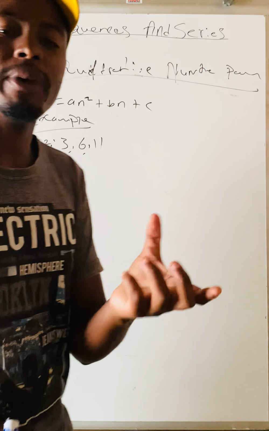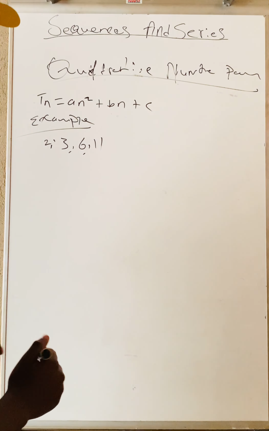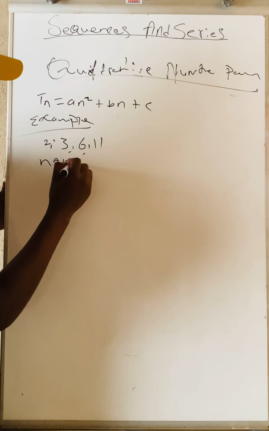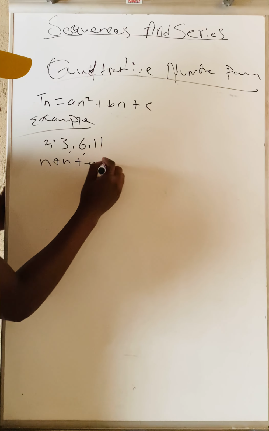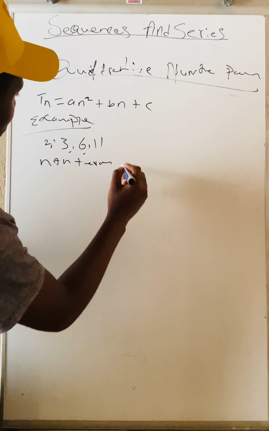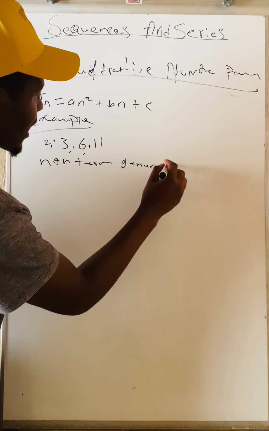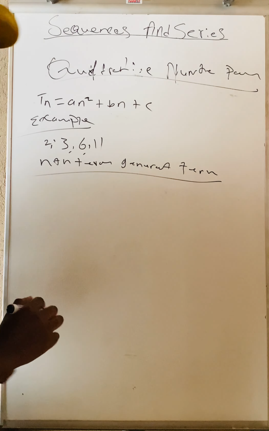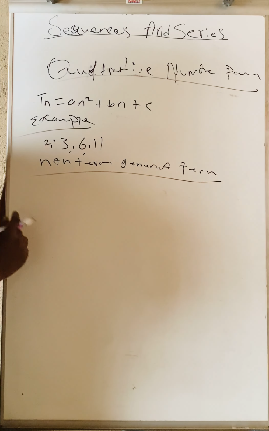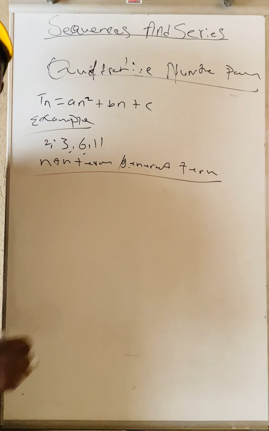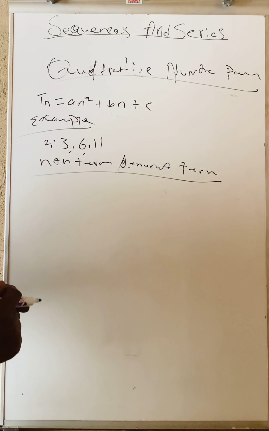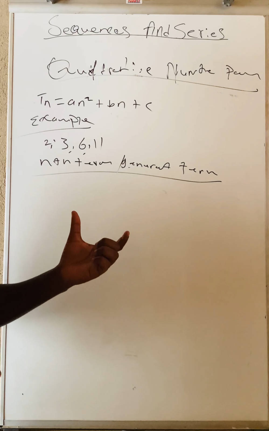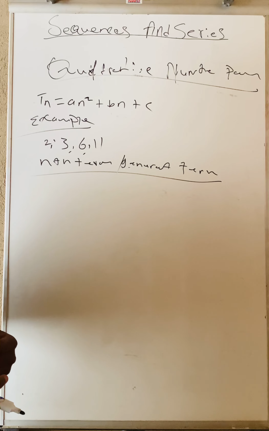The first question might be: determine the nth term, which is the general term. Remember, when they say nth term, they refer to the general term. Don't be confused. But let's start with this equation.